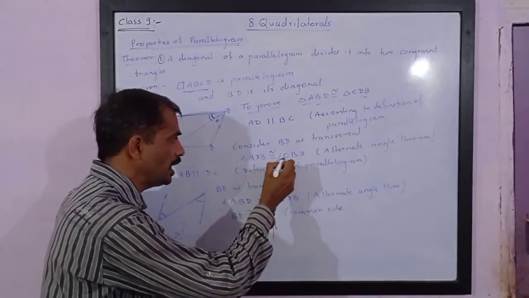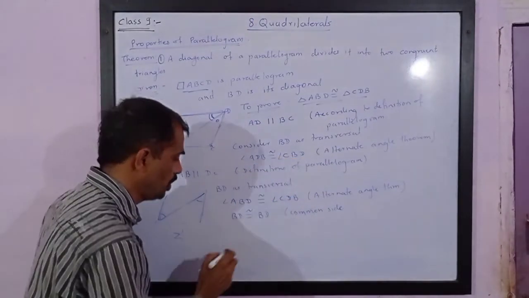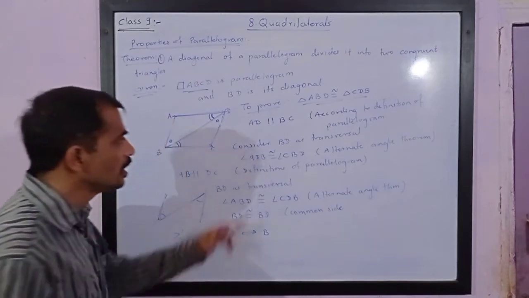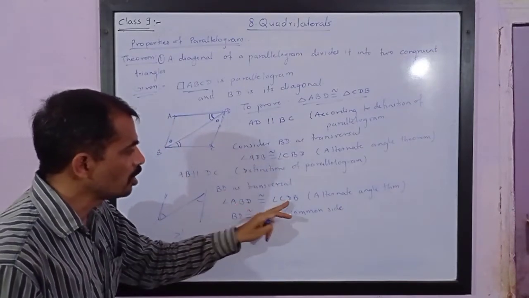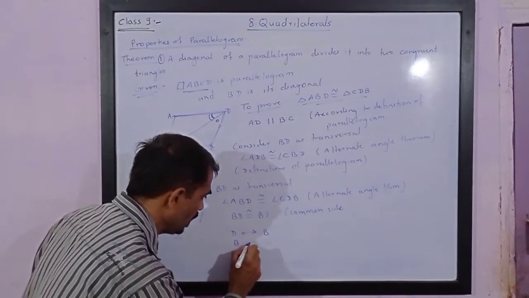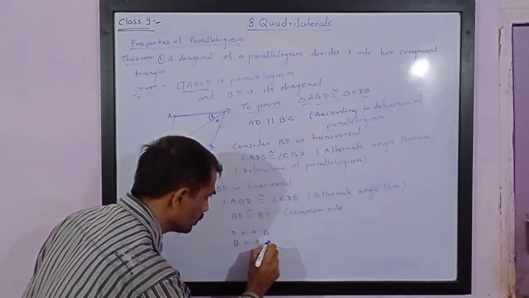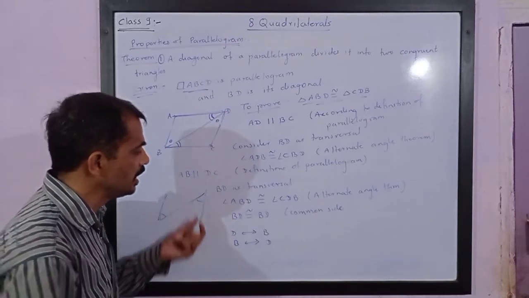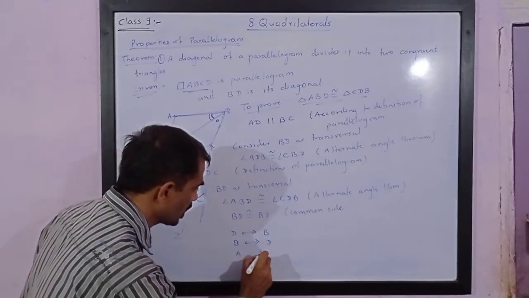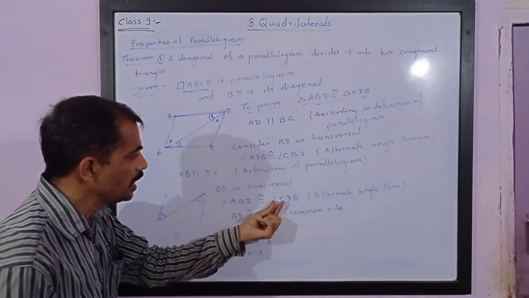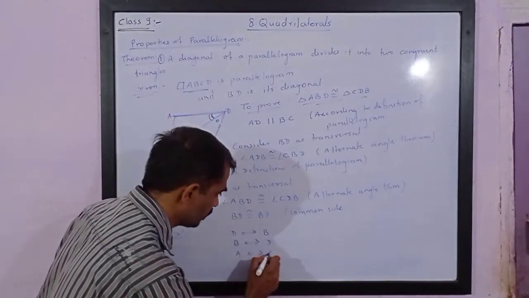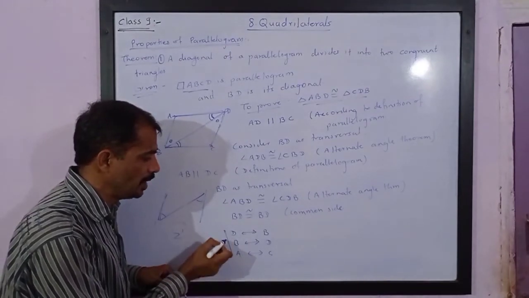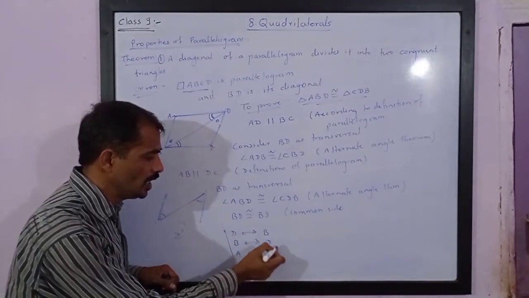From angles we can write: angle D corresponds to B, then B corresponds to D. Now the remaining vertex in this triangle is A, which must correspond to the remaining one, that is C. It means if you write the triangle from downside, I will get ABD congruent to CDB.